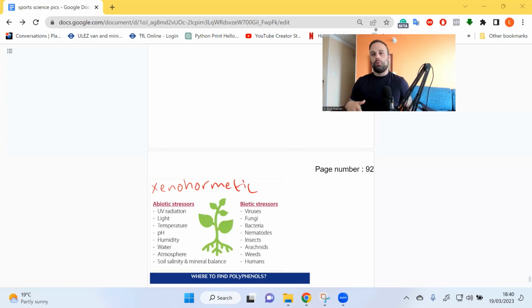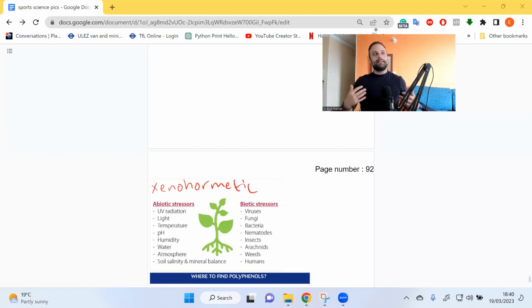We don't just grow one type of vegetable. Different vegetables have different minerals and vitamins inside them, and they also have something we call xenohormetic molecules. We're going to go through a few of these, but firstly, we need to go through how these molecules are even created.